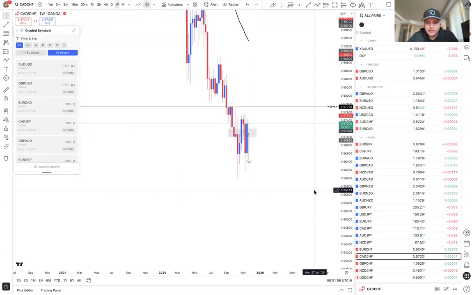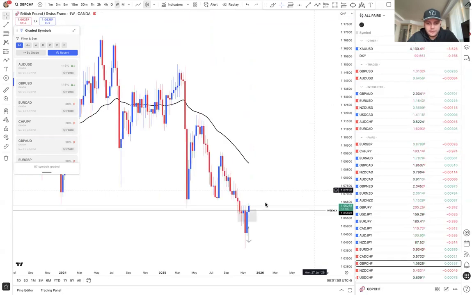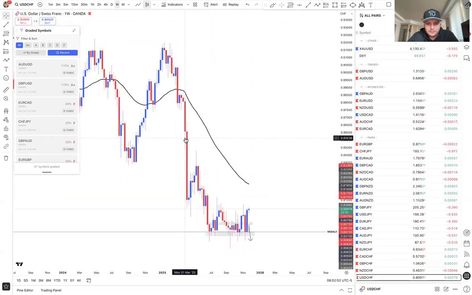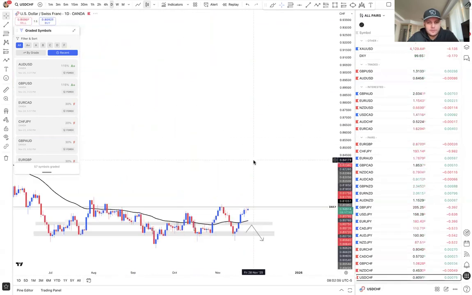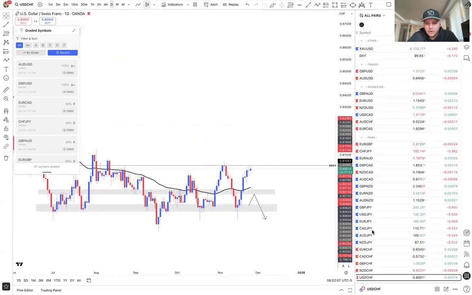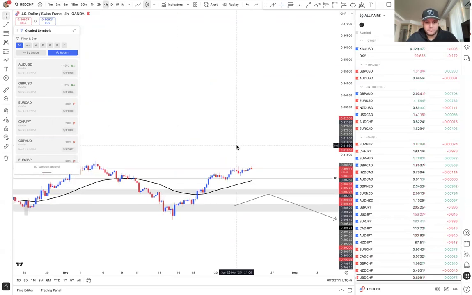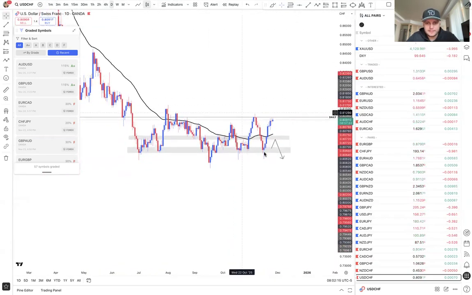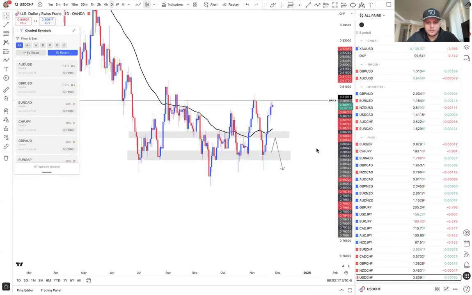Weekly time frame is still bearish. Looks like we're going to shift here. We have already shifted on this one. So out of all of the CHF pairs, we're getting very, very mixed market structures. Some of them are bullish, others are bearish.